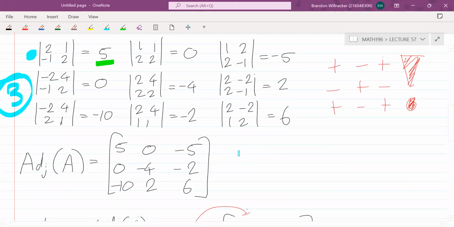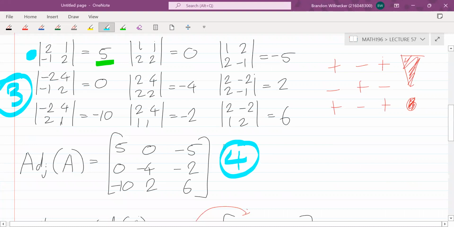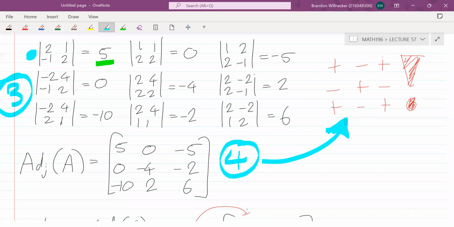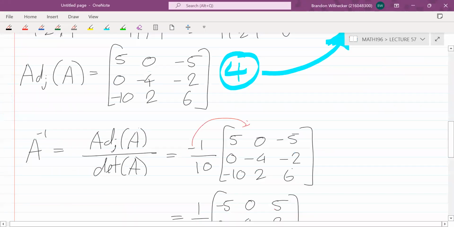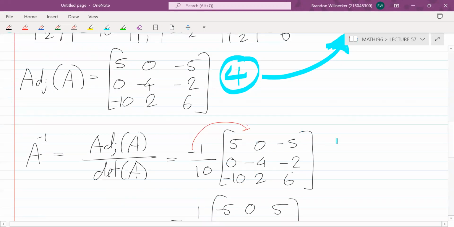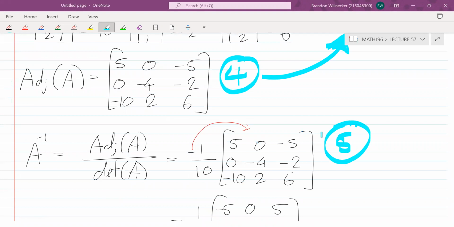Okay, and number 4, we use those subdeterminants to find the adjugate matrix. And remember to multiply your alternating entries by -1, using that checkerboard pattern there. And finally, number 5, you're going to take your adjugate matrix, divide it by the determinant, and that gives you your inverse.